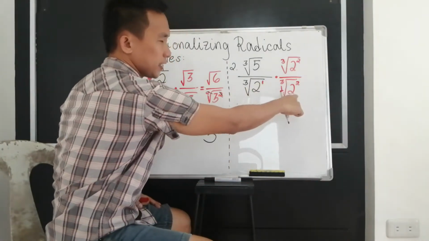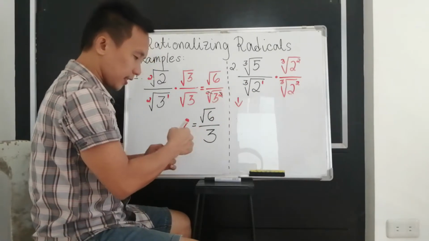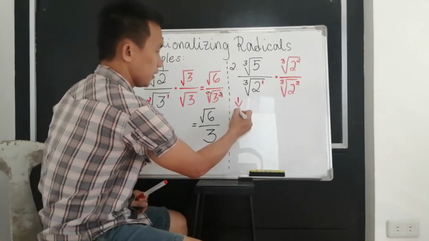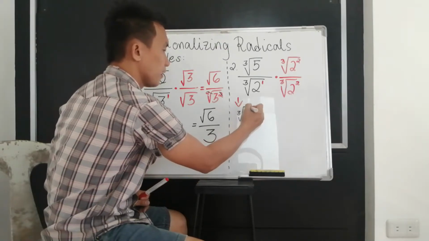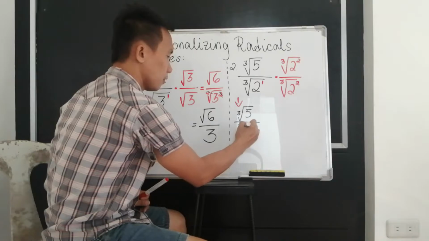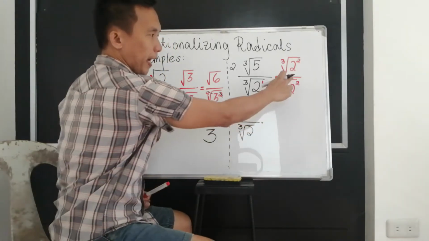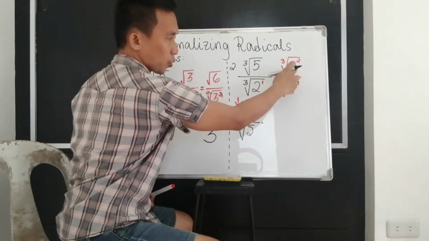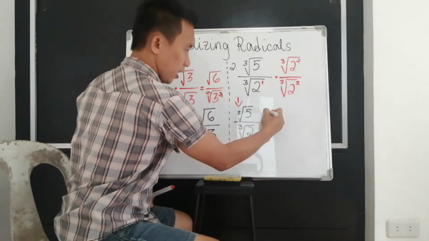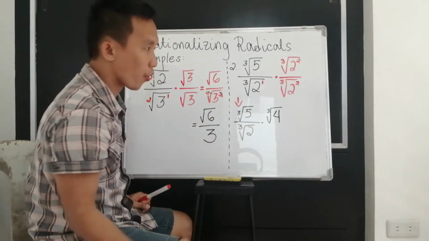If we are going to rewrite this, that's cube root of 5 all over cube root of 2. If you are going to multiply that one, this is 2 squared, and we all know that 2 squared is equivalent to 4.